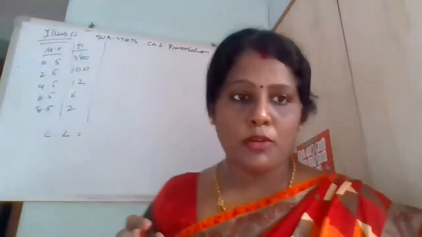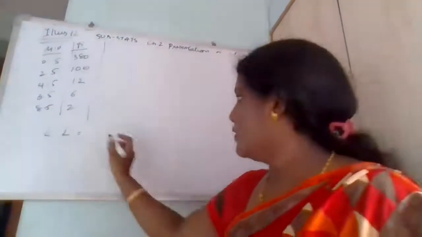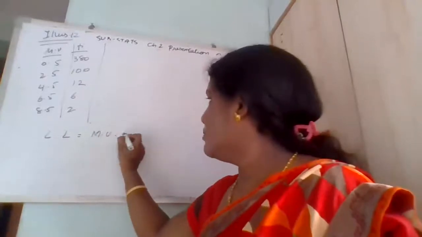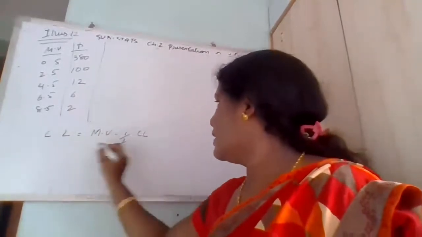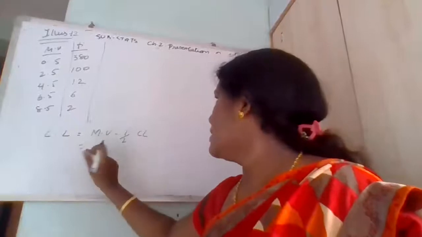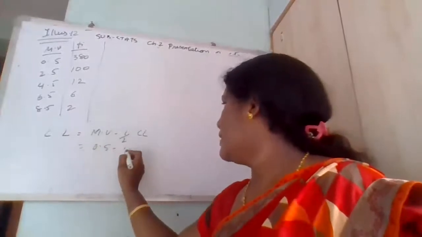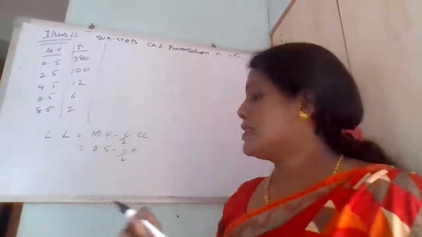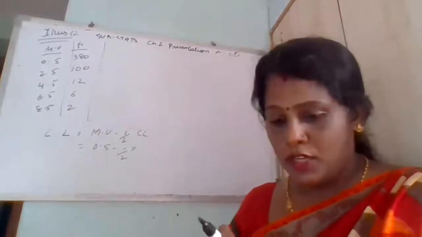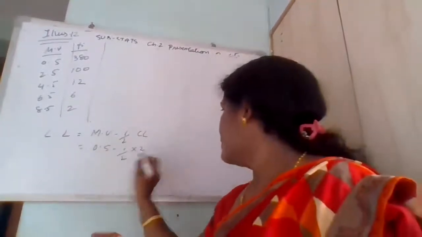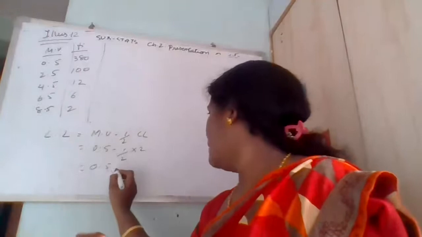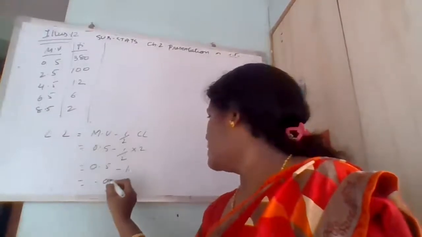So write down the formula of lower limit. Lower limit is mid value minus half into class length. Mid value is 0.5 minus half into, what is the difference? Difference is of 2. 0.5 minus 1, that comes to minus 0.5.